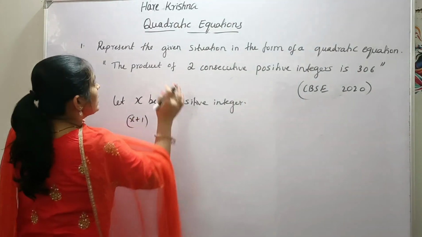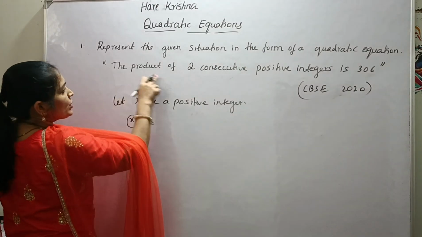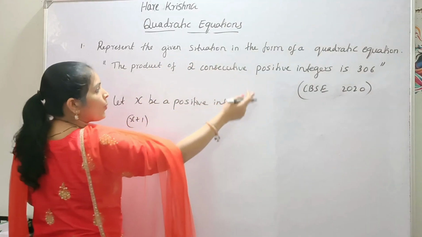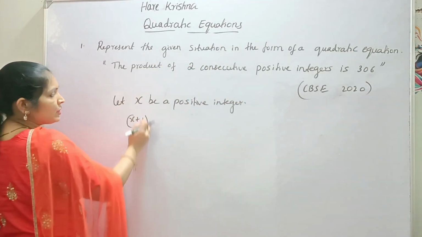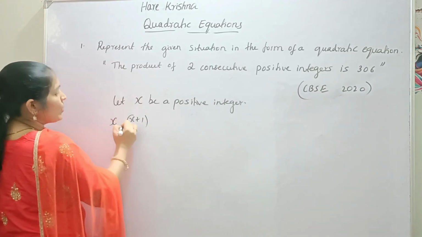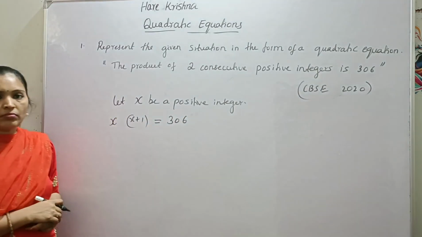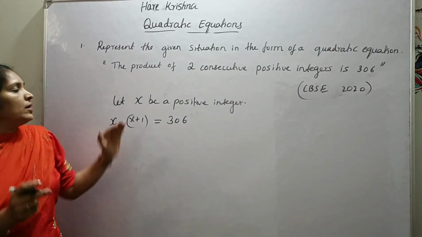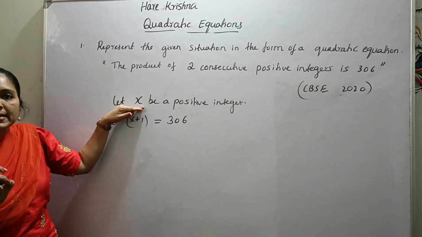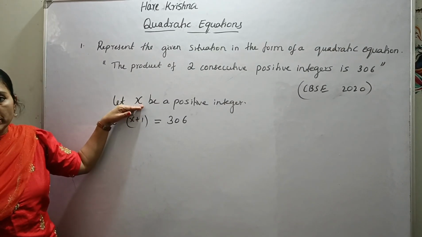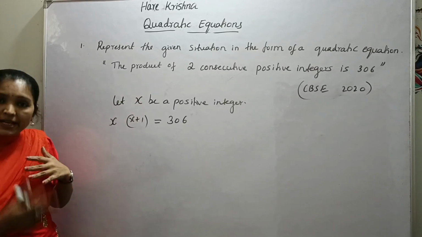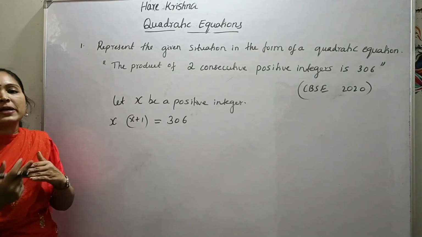Right. Therefore, here it is given that the product of two consecutive positive integers, that is the product of these two integers, x into x plus 1, is equal to 306. Okay. So first of all, we have taken x as the first positive integer. Then the next positive integer is x plus 1.